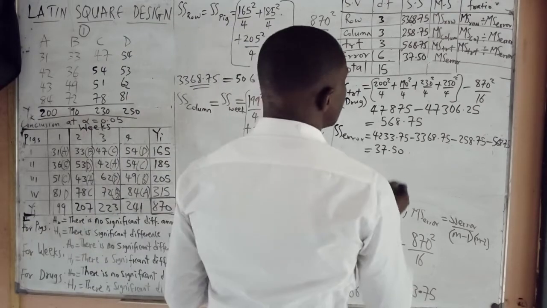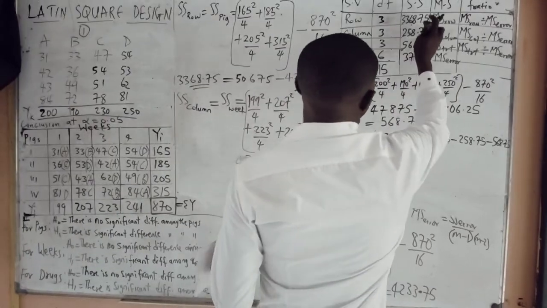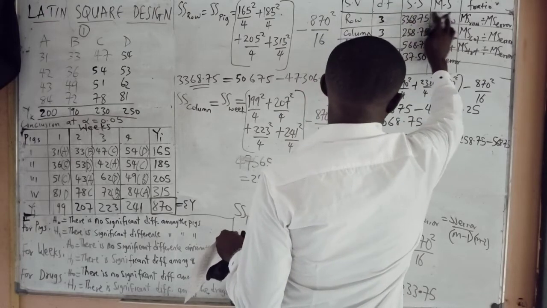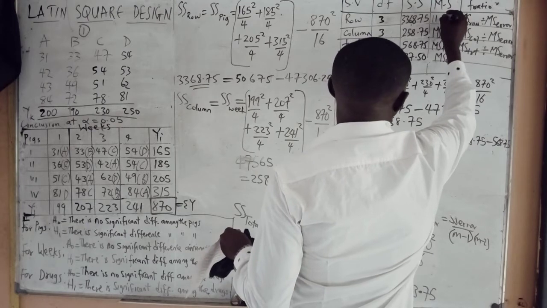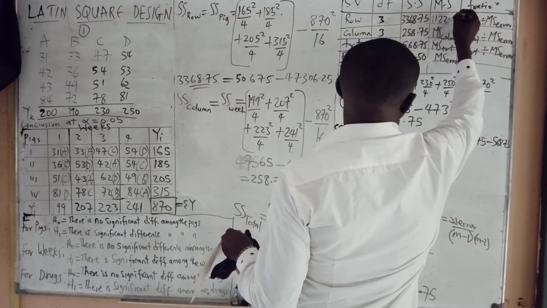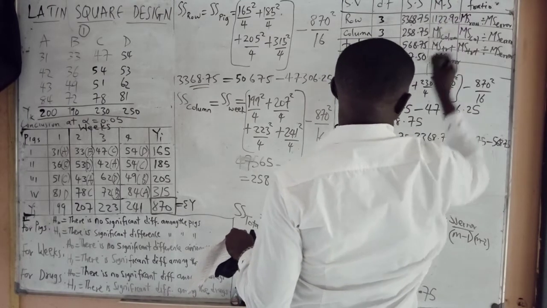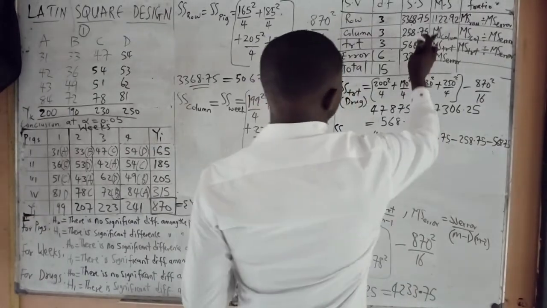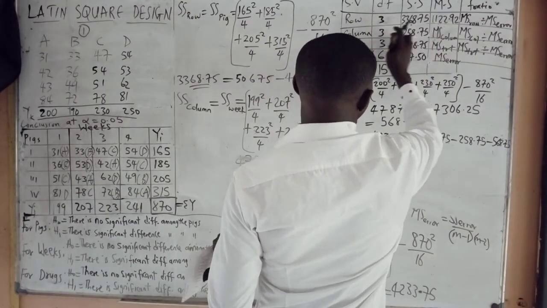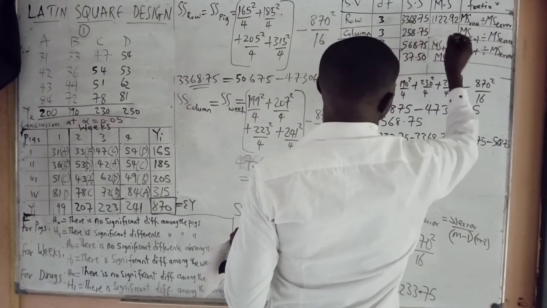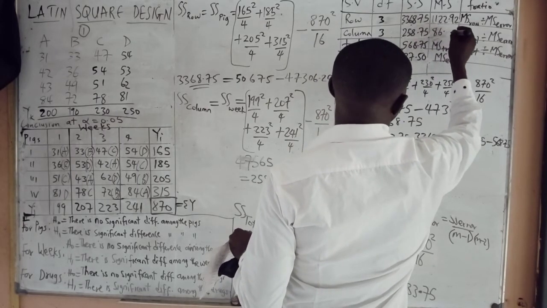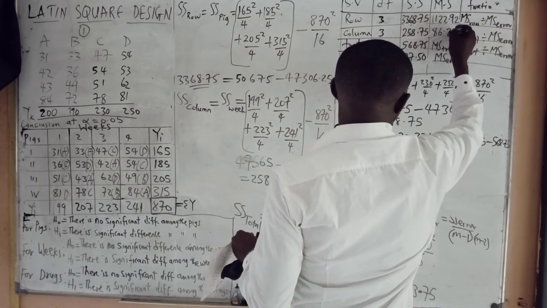What is our MS row? MS row will be giving us this divided by this. That will be giving us 1122.92. Okay? Then MS column, this divided by this, that will be giving us 86.25.